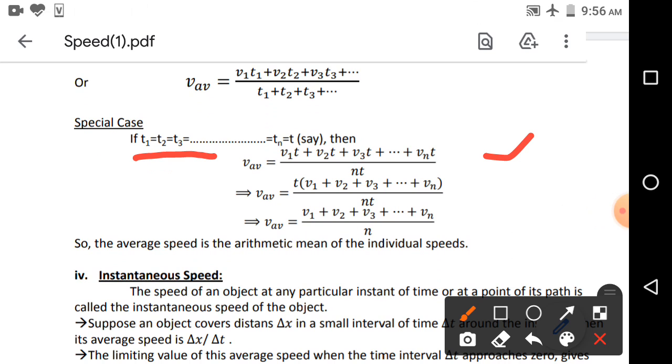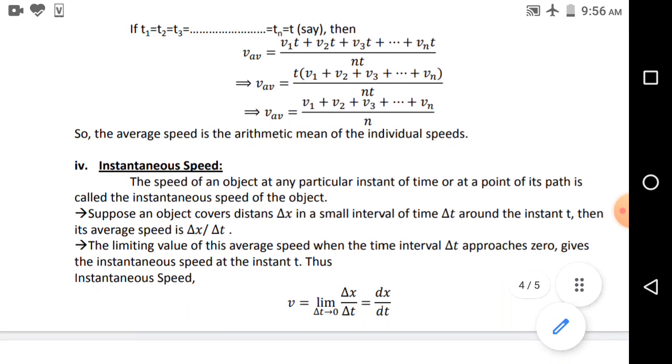Okay, then take T common, we will get V average equal to T bracket start V1 plus V2 plus V3 plus and so on plus Vn bracket close by n T. Then T will cancel out. Then we will get V average equal to V1 plus V2 plus V3 plus and so on up to Vn, by n. So we can say the average speed is the arithmetic mean of the individual speeds.